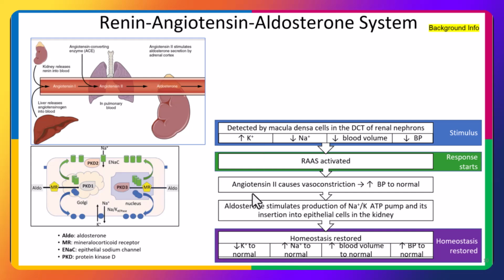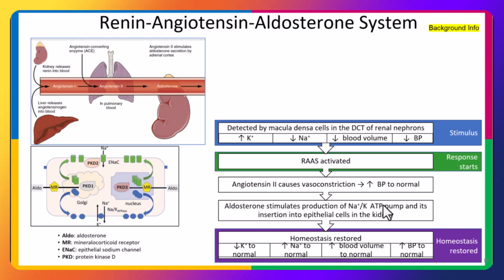The other thing angiotensin 2 does is stimulate aldosterone from the adrenal cortex. Aldosterone acts on kidney epithelial cells, increasing both the production and insertion of a specific type of pump called a sodium-potassium ATPase pump. It's going to insert these into the kidney. What this allows for is an increase in sodium reabsorption and an increase in potassium secretion.